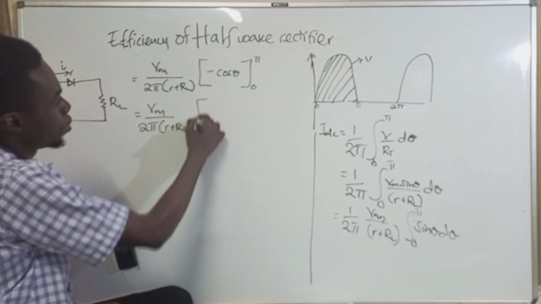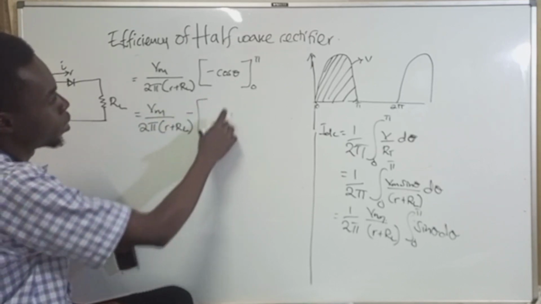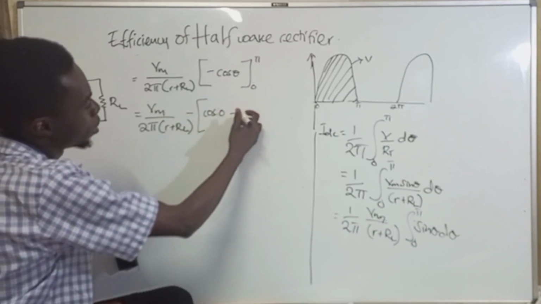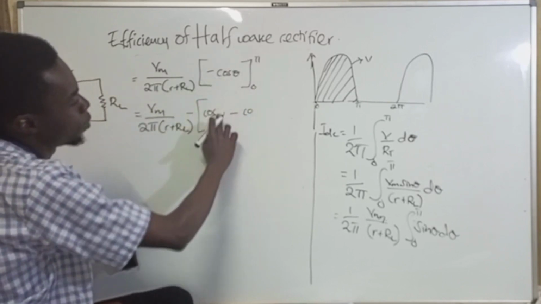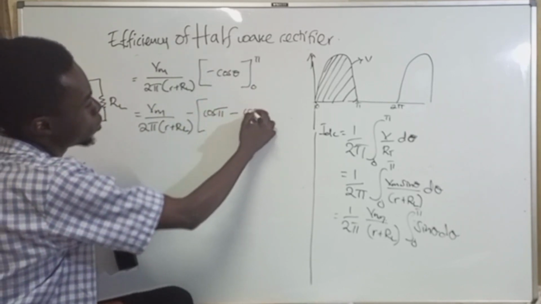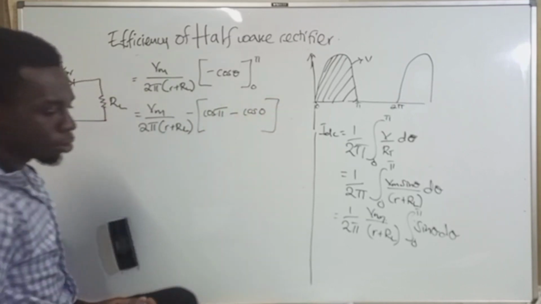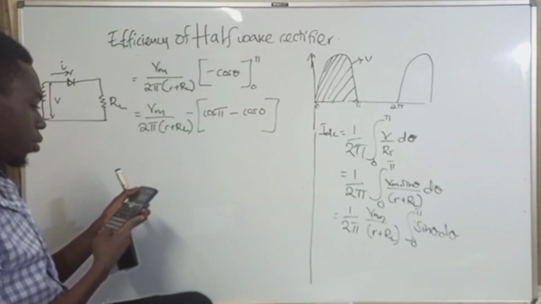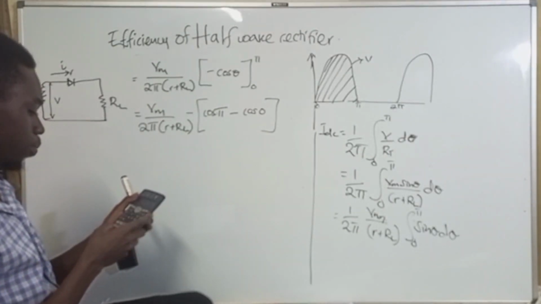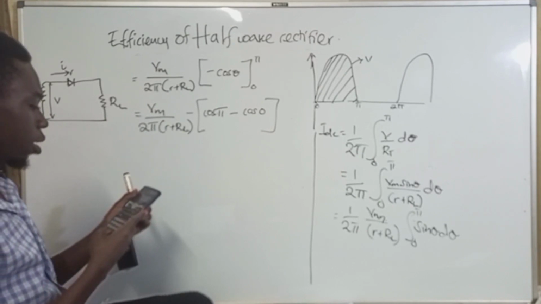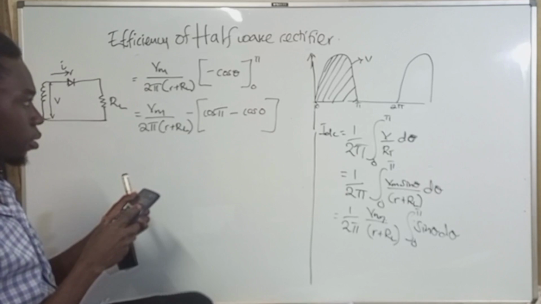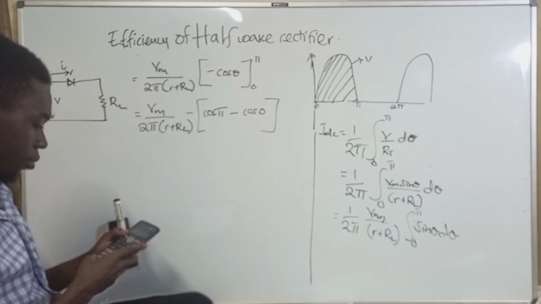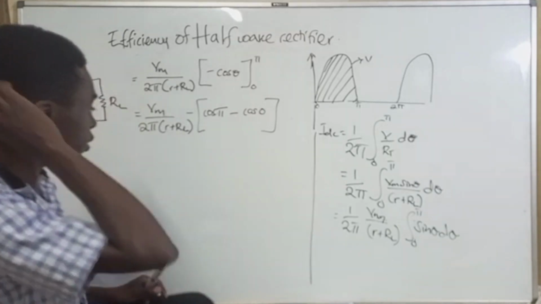Here, let me pull out the negative first. We shall have cos pi minus cos 0. We know that cos 0 gives us 1, and cos pi, which represents 180 degrees, gives us negative 1.